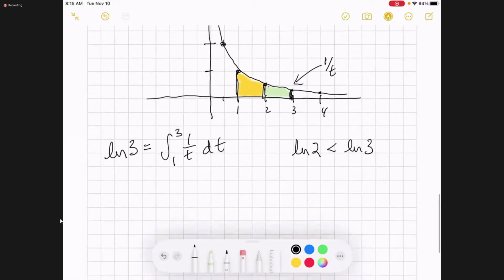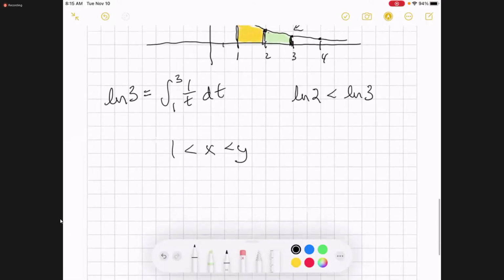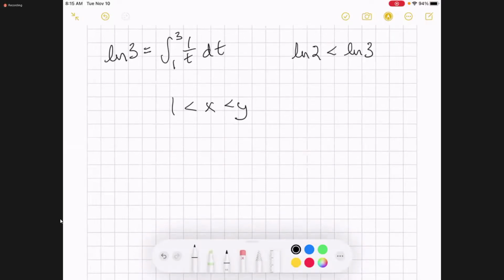In fact, if I take 1 less than x less than y, that's enough maybe.